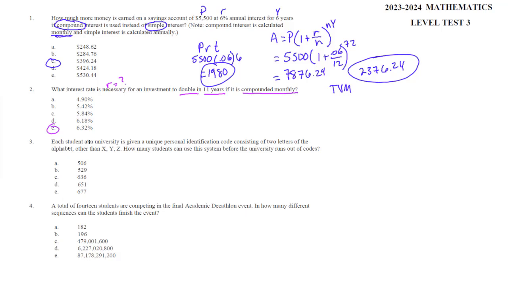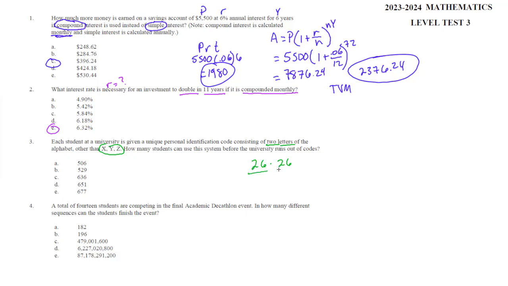Each student at a university is given a unique personal ID code consisting of 2 letters. So that would normally be 26 letters out of the alphabet other than X, Y, and Z. So instead of saying 26 times 25, 2 letters, oh, wait a second. Whoa, back up. It doesn't say no repetition. So this would actually be 26 times 26.